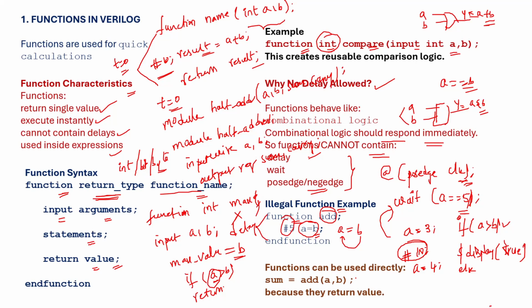Functions can be used directly, like we can call sum = add(a, b). Add is a function name, right? We can call the function name, and it returns a value. What value does it return? The add function returns some value. In the same way, a task is a powerful tool, so it can consume time also, unlike functions.